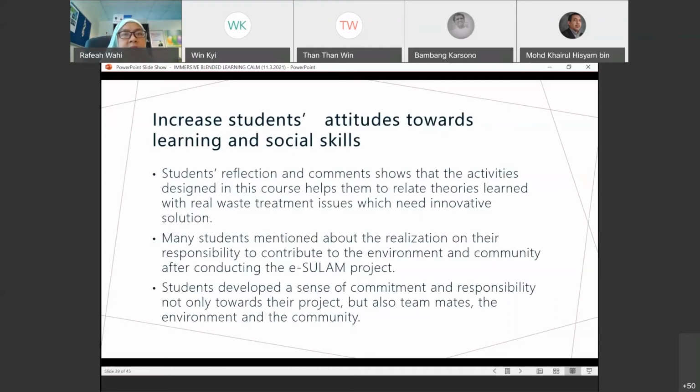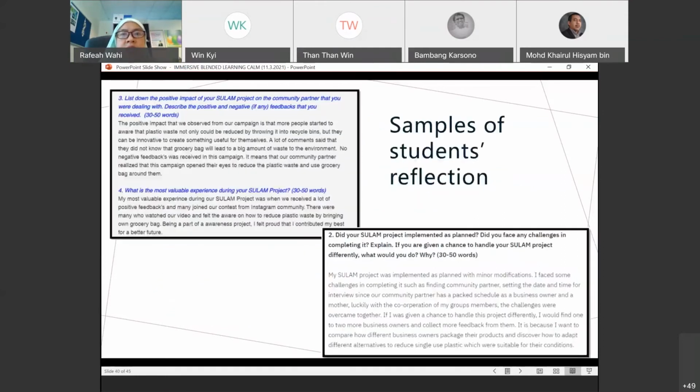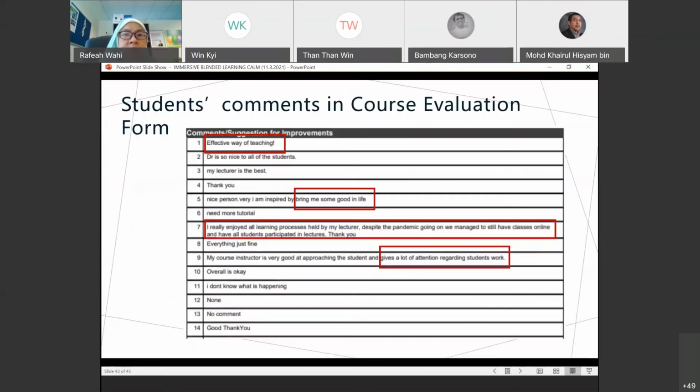We cannot actually measure this, but we can see students' feedback from their reflections and also the course evaluation form. Right? Some say: effective way of teaching, brings me some good in life. I really enjoy all learning processes held by my lecturer. Despite the pandemic going on, we managed to still have classes online and have all students participate in lectures.